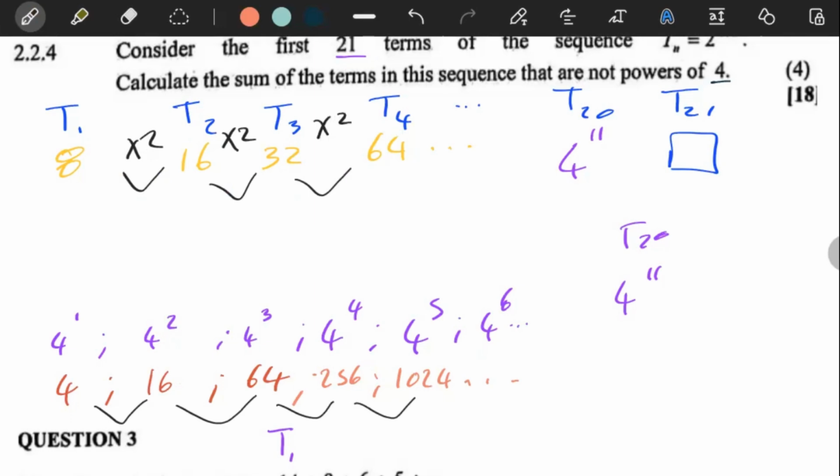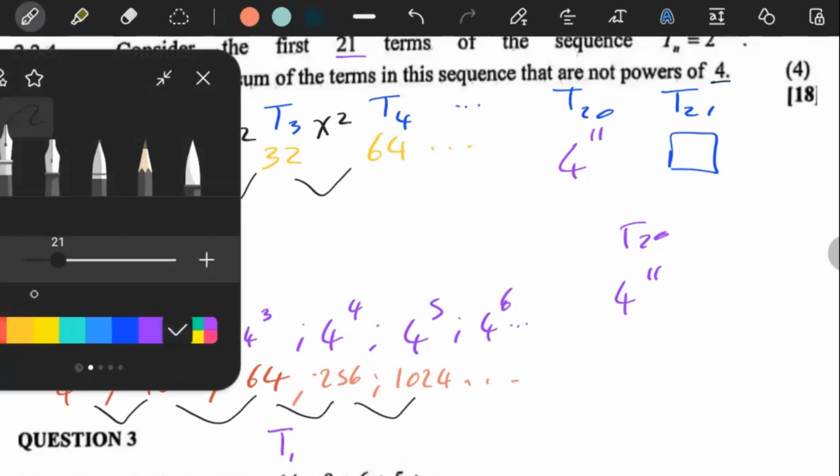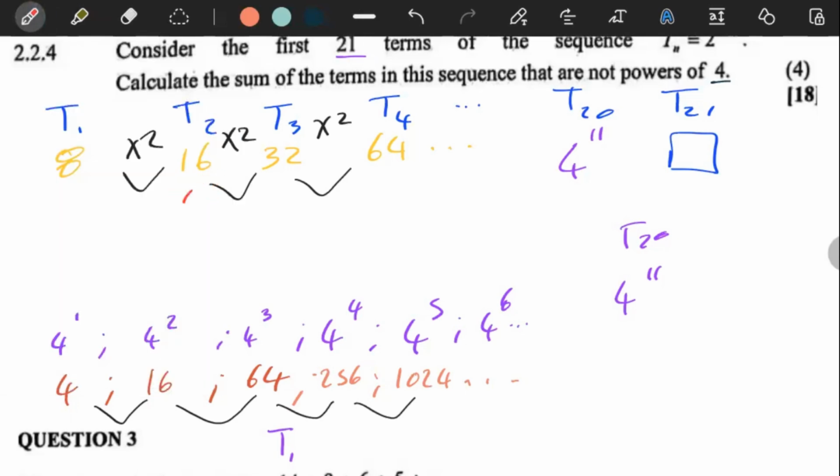So logically, ones that will have powers of 4, we're technically starting with 16, which is term number 2, right? And then times by 4, you're going to get a 64. And then you times by 4 again, you'll get a 256 somewhere. But then that will be term number 6.